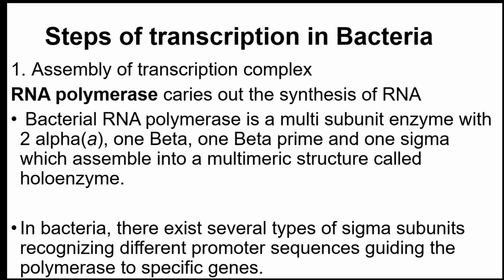It is very important in this process. It recognizes the promoter sequences. We know that every gene has a promoter sequence just right next to it. Therefore, what the sigma subunit does is recognize the promoter sequence, and immediately it is recognized, the RNA polymerase holoenzyme is going to come and bind to that promoter sequence.